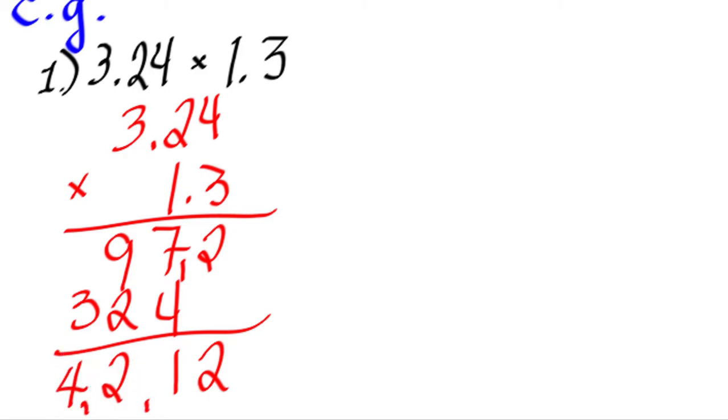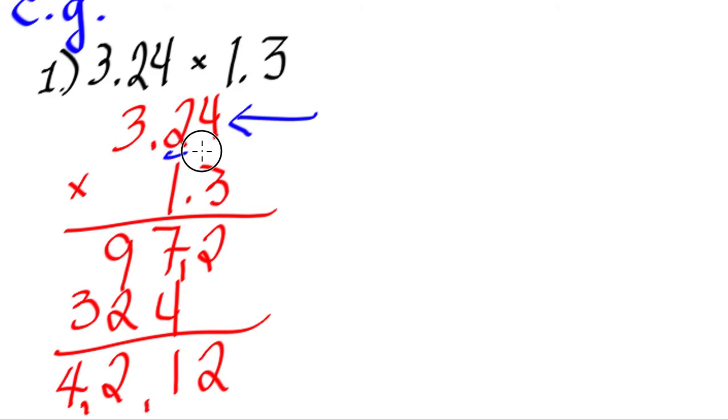So we have 4212. Now the question is, where will we put our decimal point? We will be counting the decimal places on these factors here. How many digits are there to the right of the decimal point of this factor?